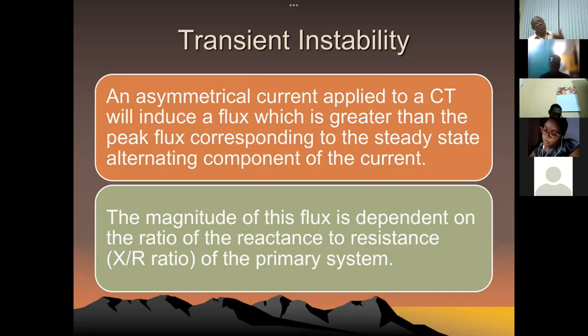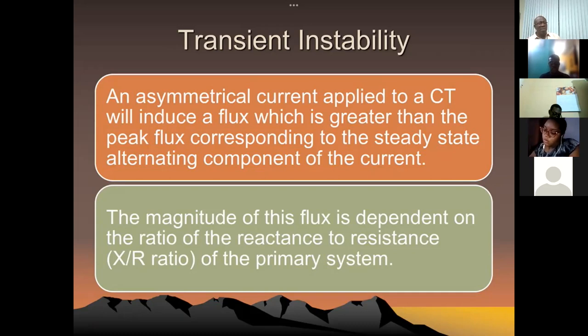Remember, this is what we are looking at. The fault is not necessarily on the unit, but all of these external factors, the fact that I have this fault somewhere, the fact that it is on a power system which has this X to R ratio that I have to consider, it's going to create your transient.